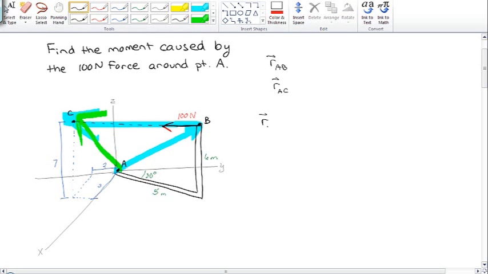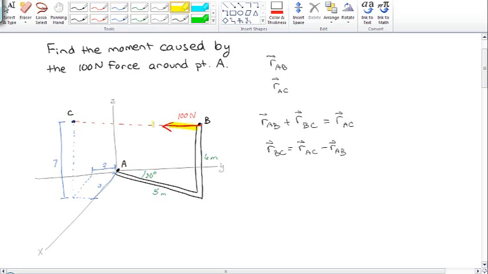So going from A to B and then going from B to C gives us the same thing as going straight from A to C. That means we can find that R from B to C is equal to RAC minus RAB. The reason we care is if we know the position vector from B to C, then we can convert that 100 Newton force into a vector, take a cross product, and get an answer.